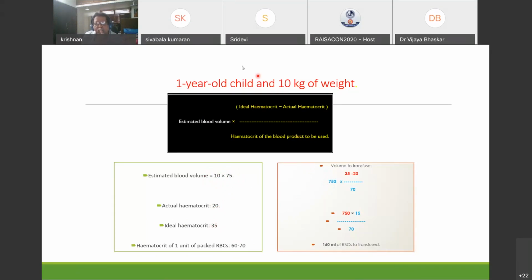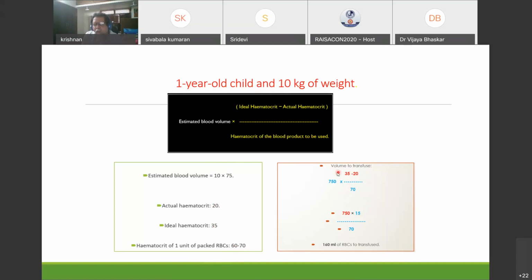So how much blood am I going to give? 750 into 35, which is the ideal I want to reach. Right now, hematocrit is 20, so 35 minus 20, which is 15, divided by the hematocrit of the blood product. It could be between 60 and 70; in ICH, they say it is 70.